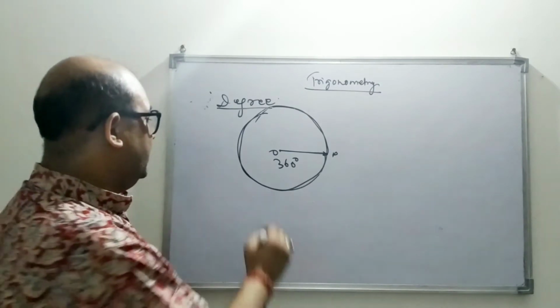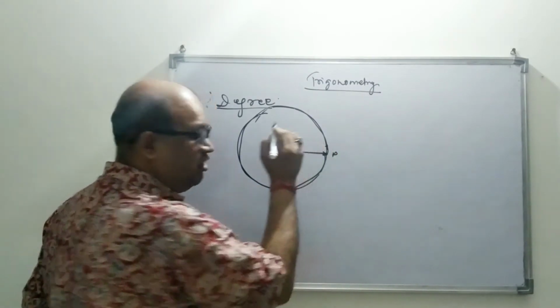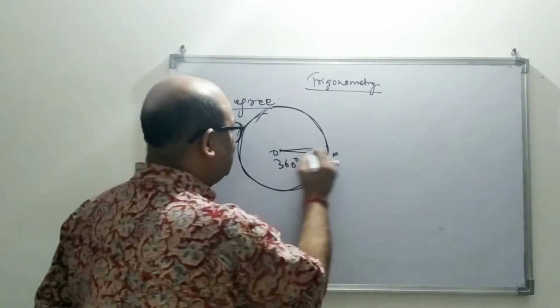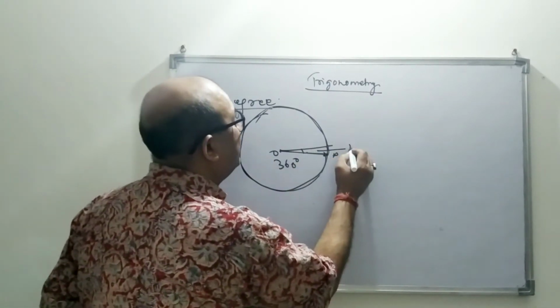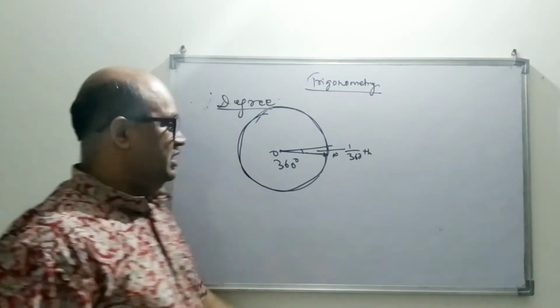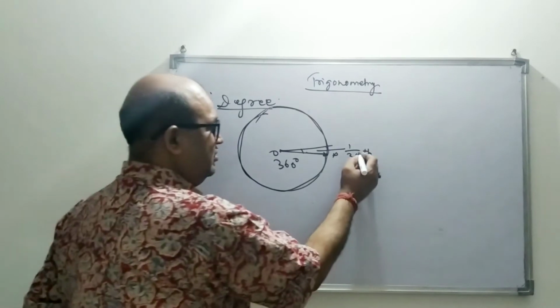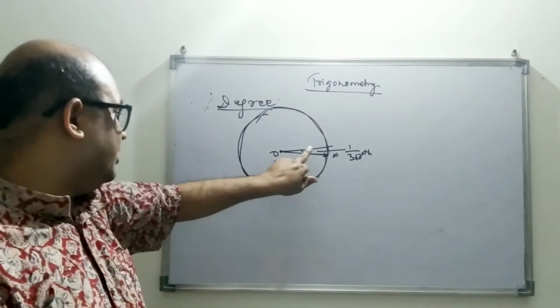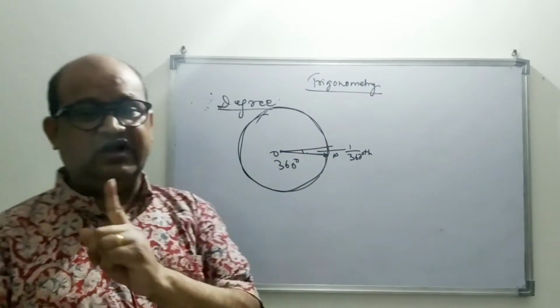So what is degree measure? 1 degree is the amount of rotation of the terminal ray by 1 by 360 of its full measure. This amount of rotation is called 1 degree.